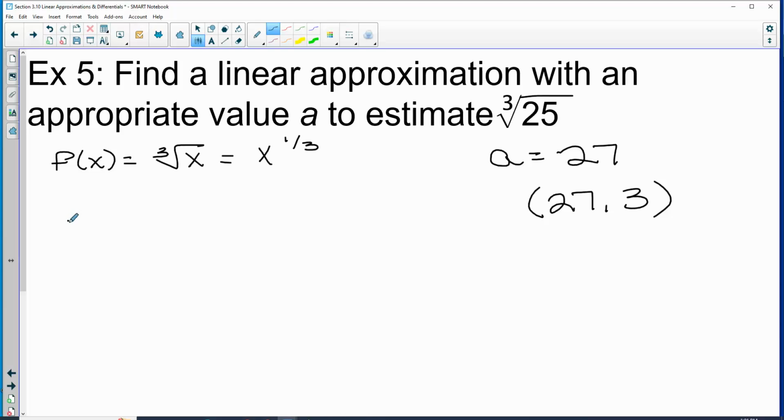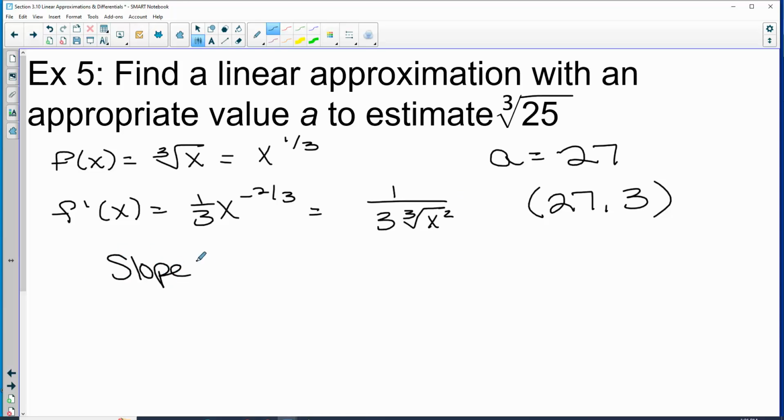We need a slope, so derivative. You don't have to take the step where you write it in radicals, but if I'm going to be evaluating things without a calculator, that helps me. Our slope is when we plug in 27.